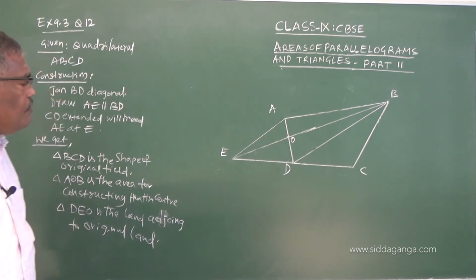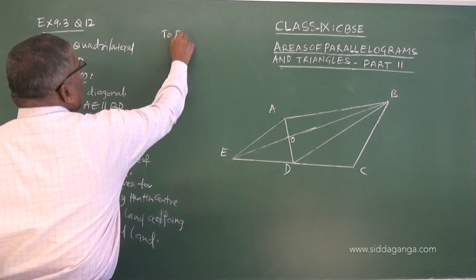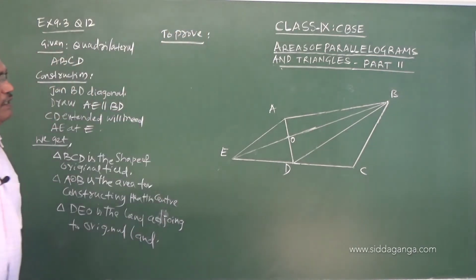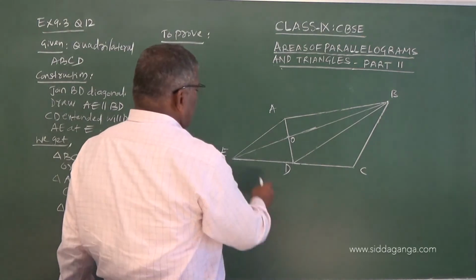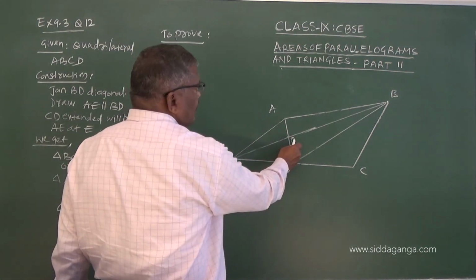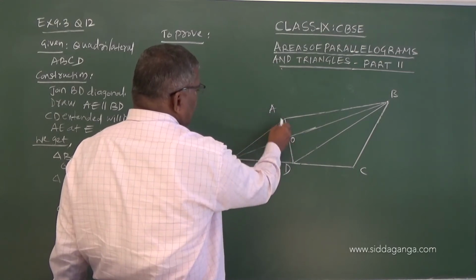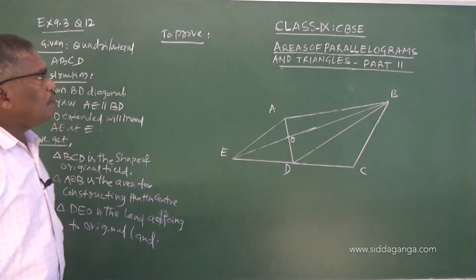So how does it come? We have to prove. To prove, then what is to be proved? DEO equals AOB. So these two are equal. That is what we have to prove.